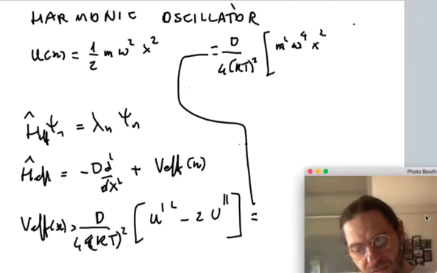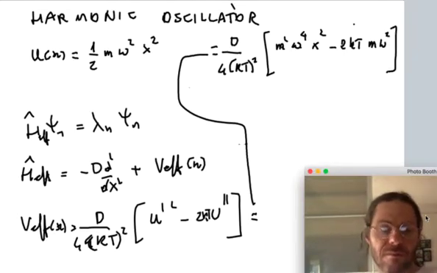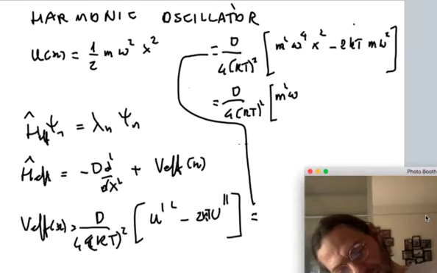And the second derivative is, of course, negative 2 kT, and the double prime here is simply m omega squared. So the effective potential associated with a harmonic oscillator is still a harmonic oscillator, but it is a slightly modified harmonic oscillator. It is not the same harmonic oscillator.